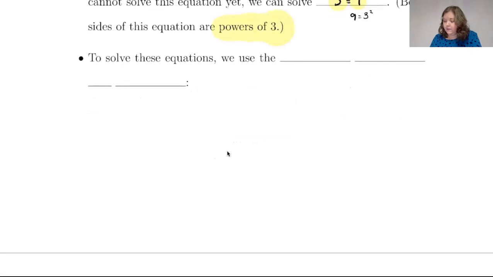And so what we are going to use to solve the questions in this section is called the exponential property of equality.